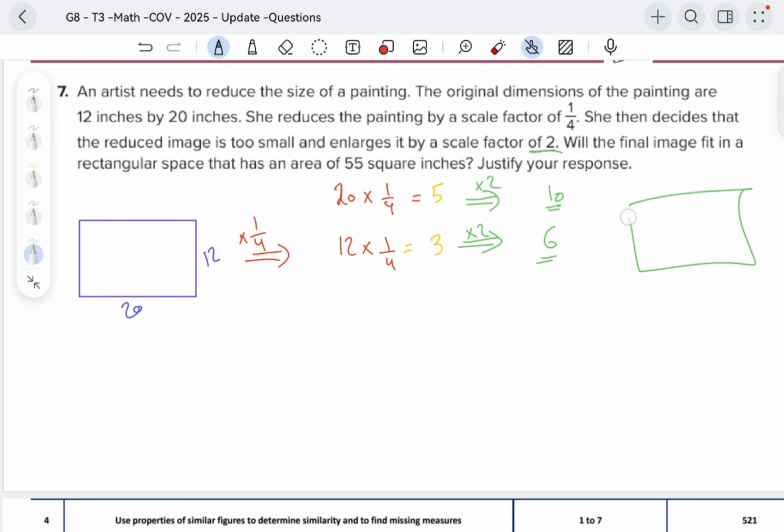The final dimensions are 10 by 6. If we want to find the area, multiplying length times width, it will be 60. This is the final image space. It will not fit, since the amount of space is smaller than the final image. So 60 is bigger than 55, so the answer, it will not fit.